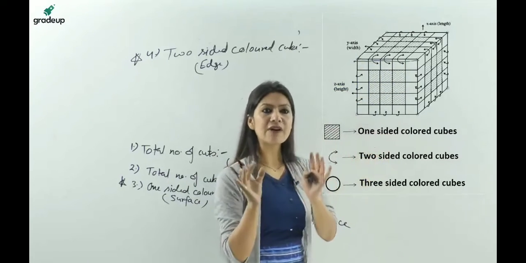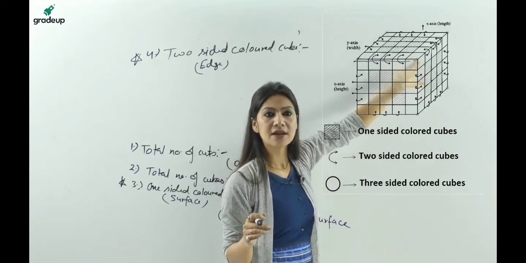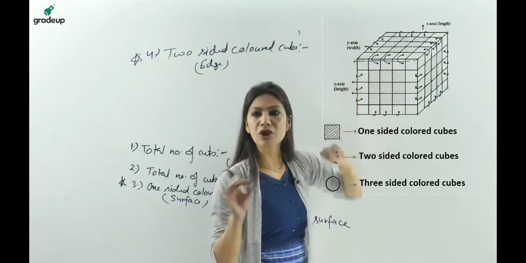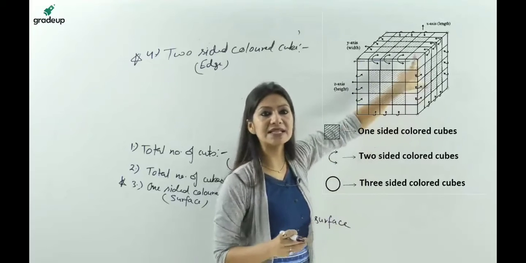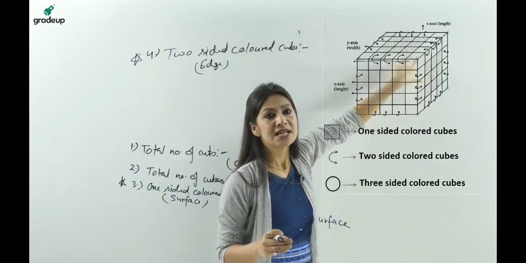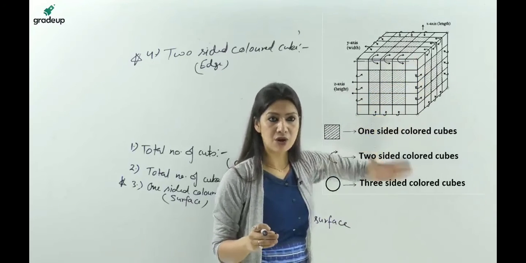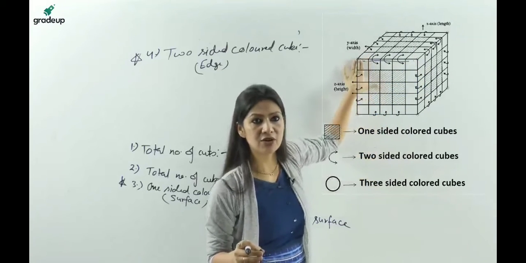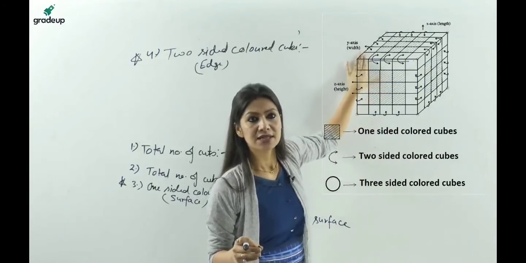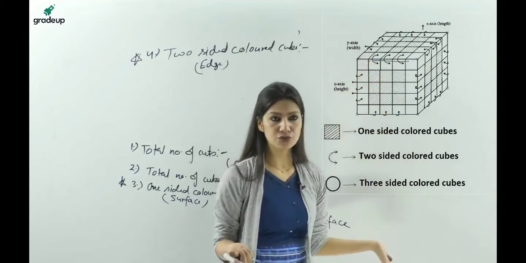But out of 5, these two, this corner and this corner, are of no use, because obviously this corner is in contact with 3 surfaces, 1, 2 and 3. That's why this is a 3-sided colored cube, so I don't need to count it. Similarly, this other corner is again of no use, as it has 3 surfaces.